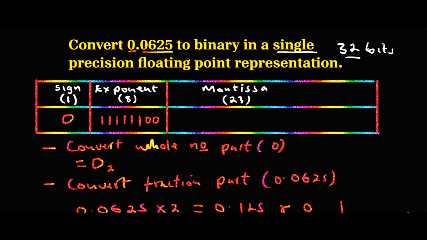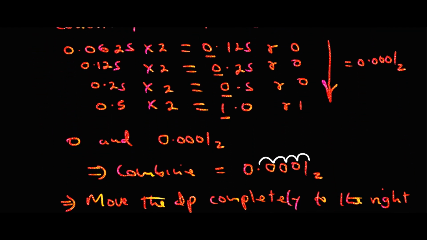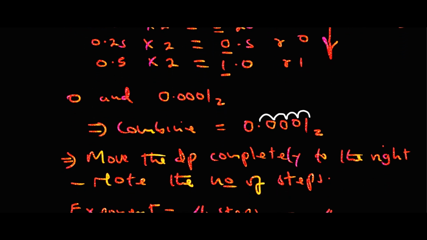Now for the mantissa, you go back to the number that you obtained when you moved the decimal point completely out of the number. When you did this, you are left with 1. You take 1. That is what you write in the table.